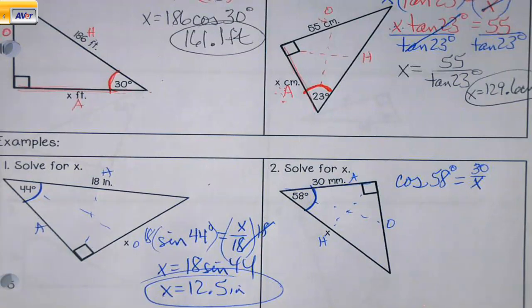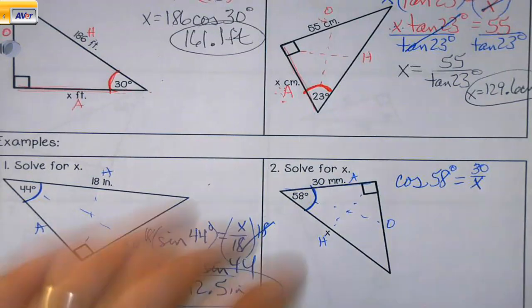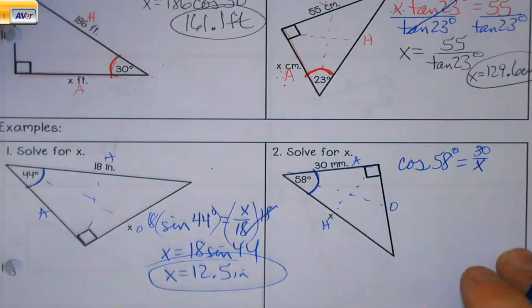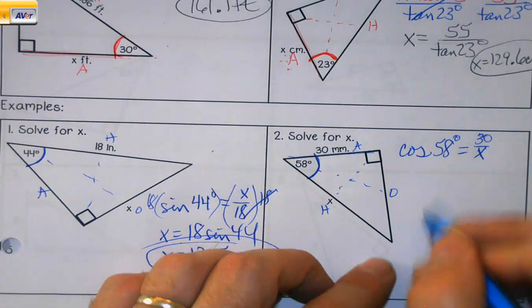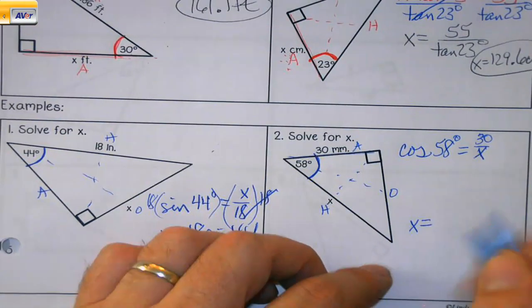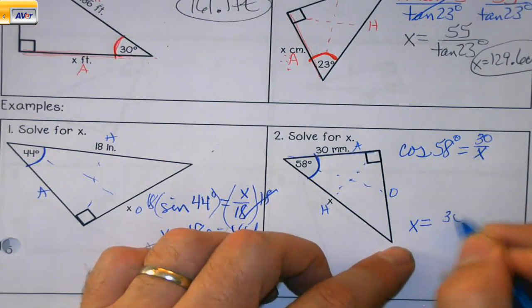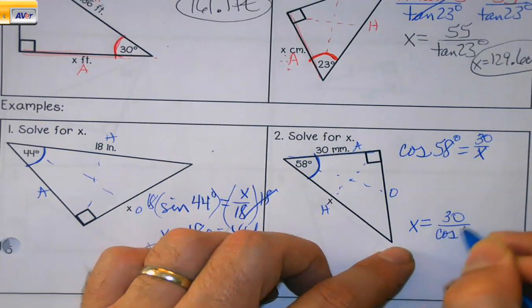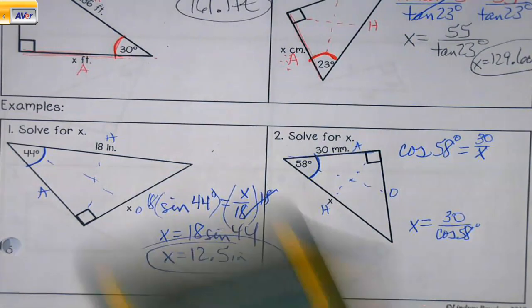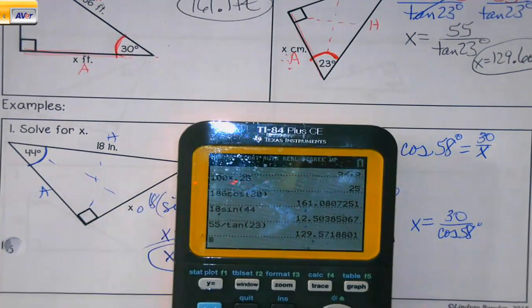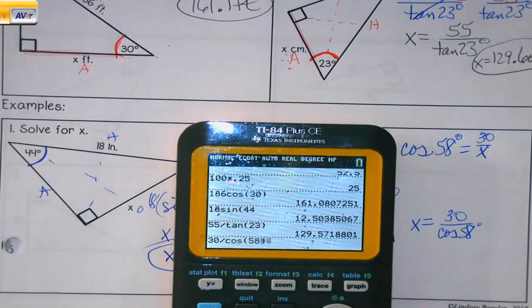So if you were in shortcut mode, I'm still going to show the other way as well, but if you were in shortcut mode, you'd be like, okay, x is in the denominator, so x is going to be 30 divided by the cosine of 58. I will show my work after this answer message.